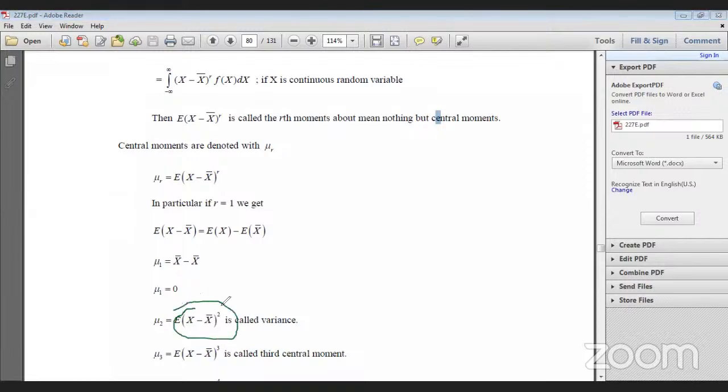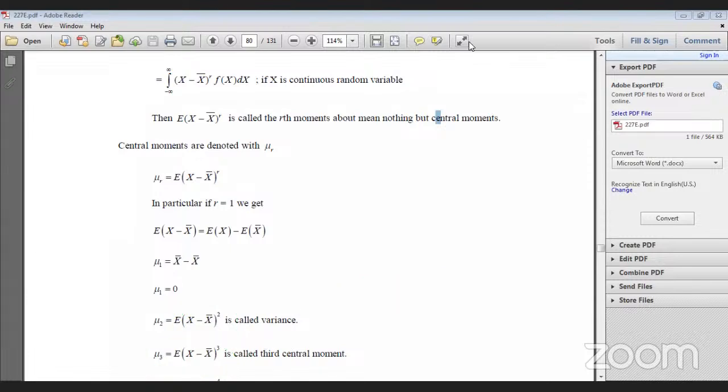E of x minus x bar whole square is called the variance. Mu3 is E of x minus x bar whole cube, called the third central moment.